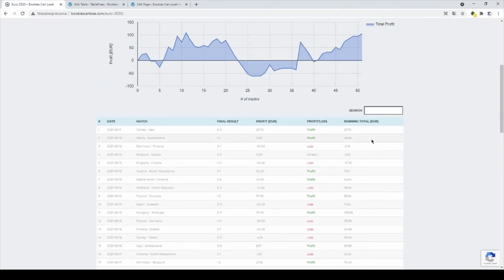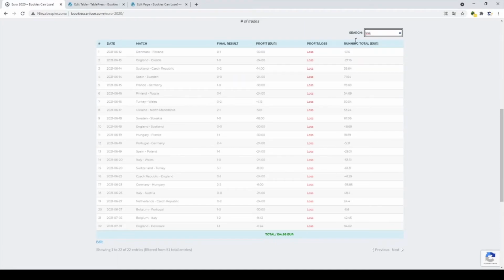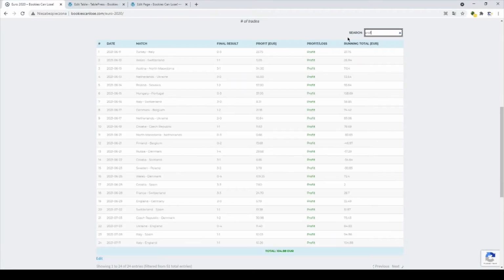For a loss, I never went beyond 30, and for the profit, we can see a number of trades: 34, 45, 57, 37, and this one, 109.25, the Wales-Denmark trade.